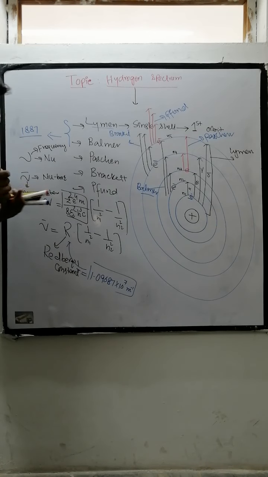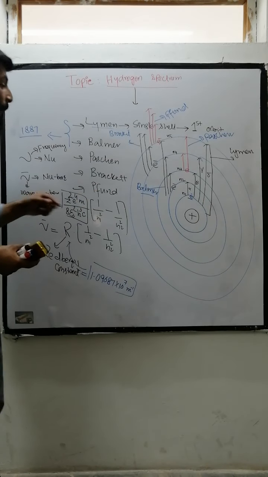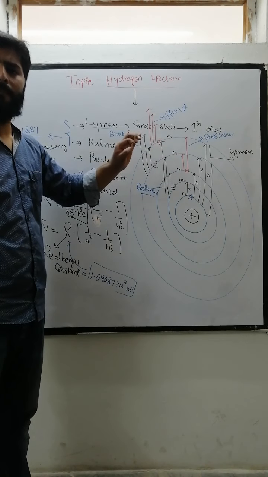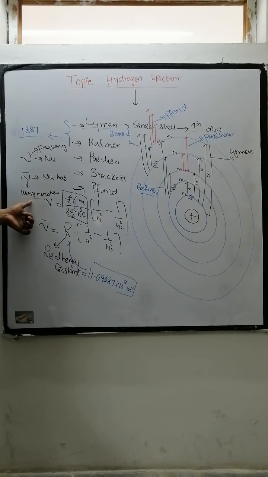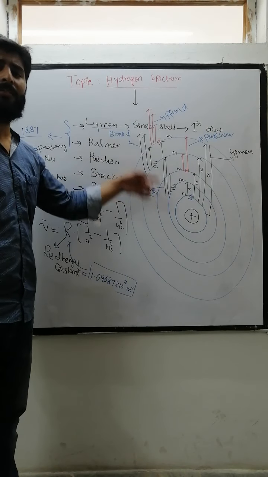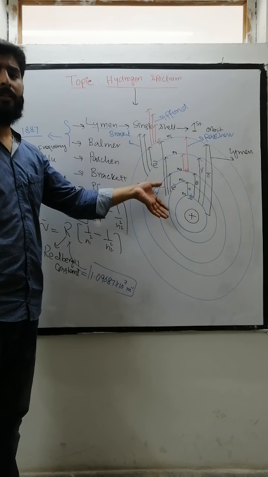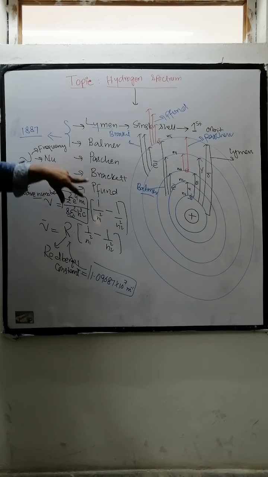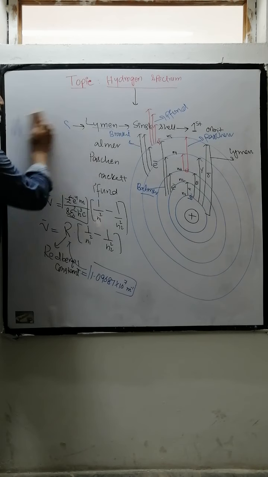So we can find the associated wave numbers and wavelengths. What is wave number? The number of waves passing through a unit area or a certain area is known as wave number. So we can find energy as well as frequency, wave number and wavelengths of these transitions. How can we use this equation in these series one by one? We can resolve it.